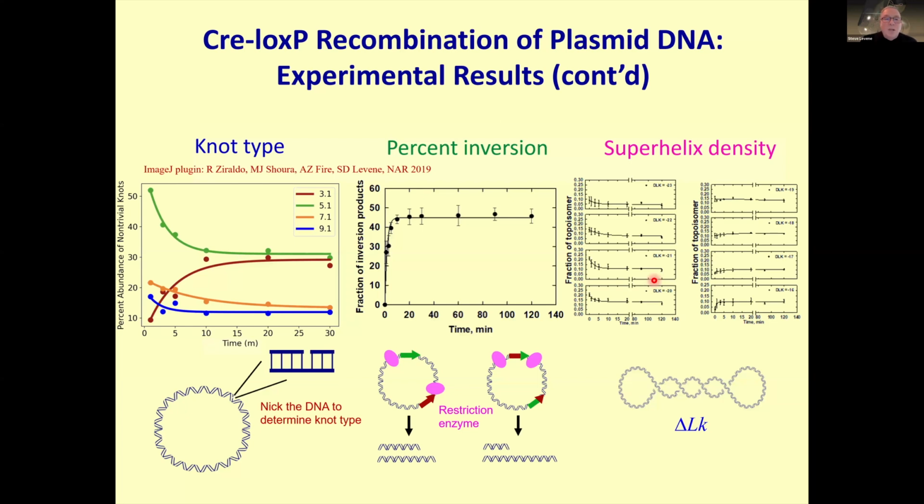So the asymptotes are not mainly due to loss of enzyme activity. They're due to something else. The enzyme remains, at least in our hands, fully active in the experiment out beyond 2 hours of incubation at 37 Celsius.